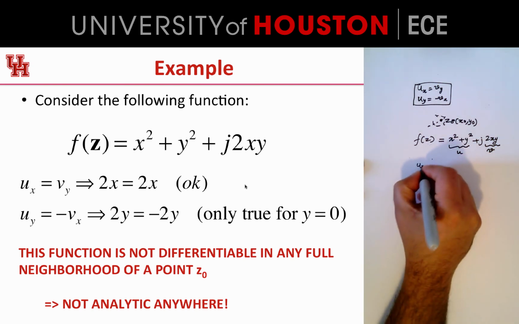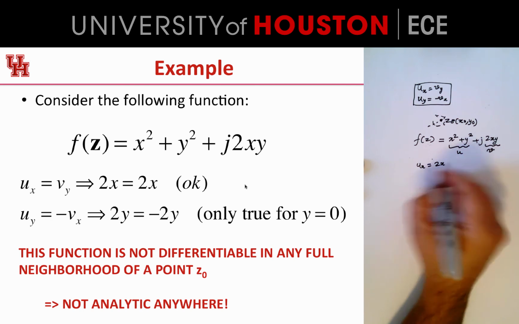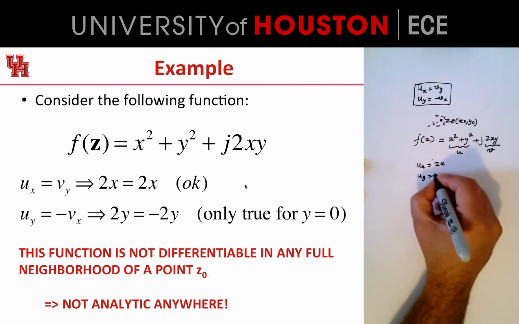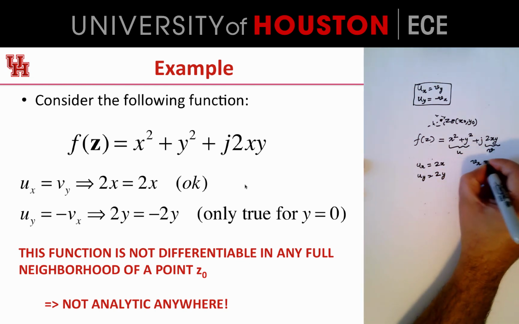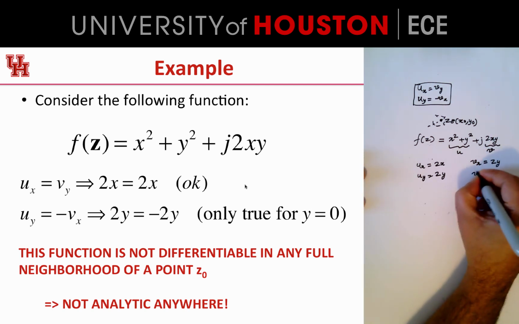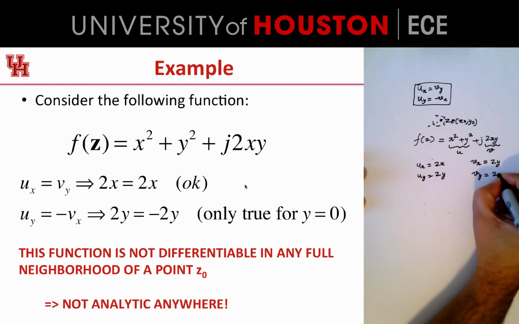So u_x is this differentiated with respect to x, which is 2x, and u_y is this differentiated with respect to y, which is 2y, and then v_x is this differentiated with respect to x, which is 2y, and similarly v_y is this differentiated with respect to y, which is 2x, right?